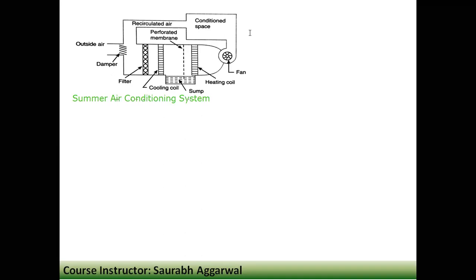Now over here we can see, I hope it is clear to you. Now we are having different points over here. This is summer air conditioning system we already discussed. There is outside air, recirculated air, conditioned space, the same diagram we discussed just now. Now I'll try to represent it on a psychrometric chart.